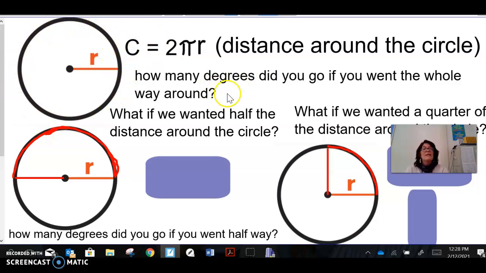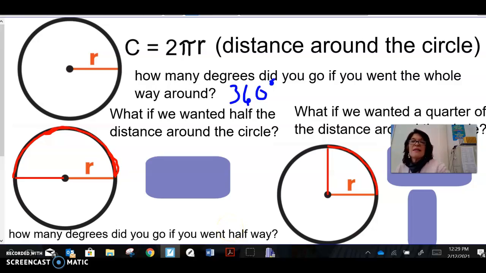How many degrees did I go if I went the whole way around the circle? 360, right? No matter what the radius is, I went 360 degrees. I want you to relate the 2 pi and the 360 degrees as we go through here, okay?